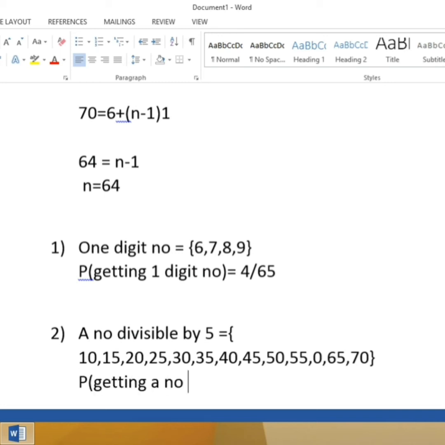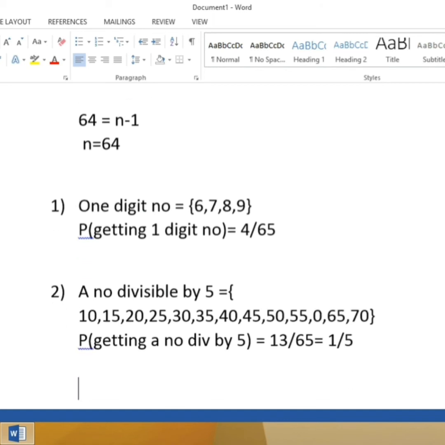So the probability of getting a number divisible by 5 is going to be 13 by 65. Further simplifying, we get 1 by 5.